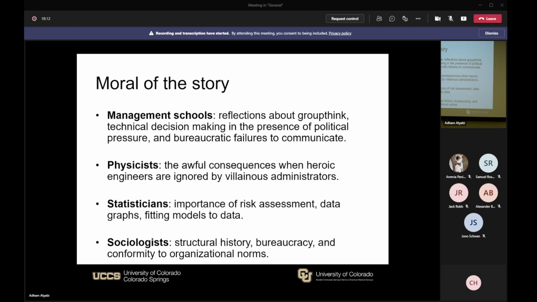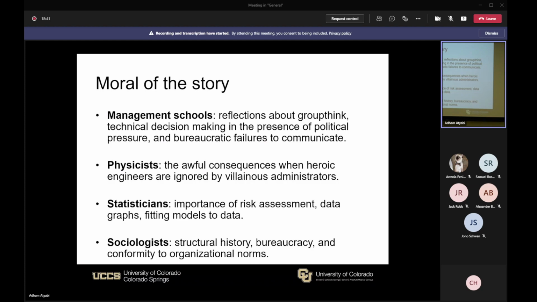So, for the authors of engineering textbooks and for the physicist Richard Feynman, the Challenger accident simply confirms what they already know. The awful consequences result when heroic engineers are ignored by villainous administrators. That's how they think about this.